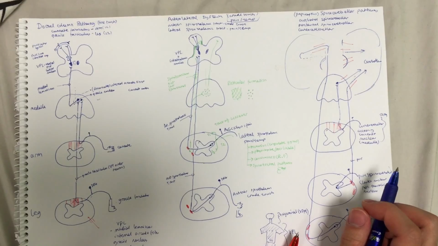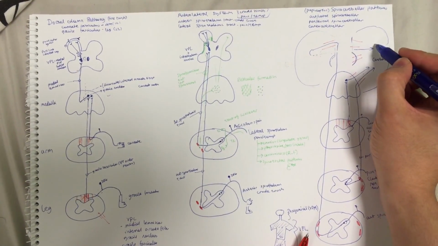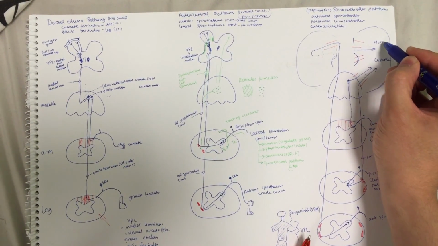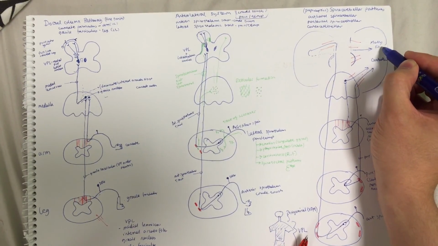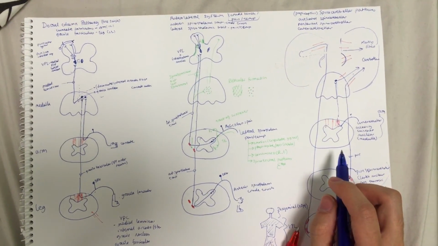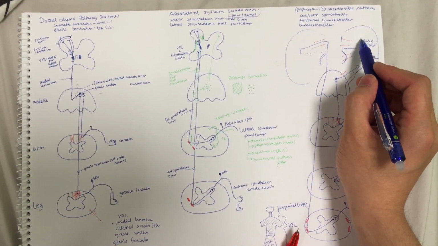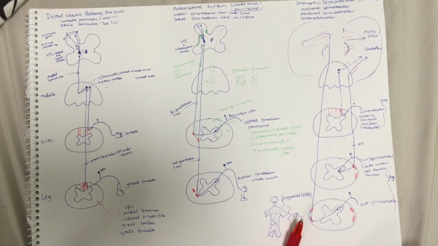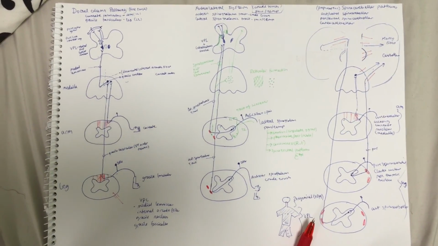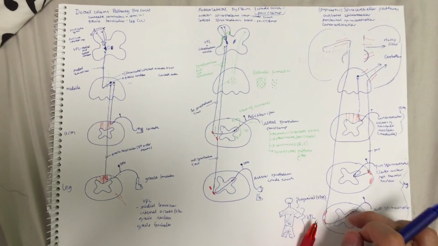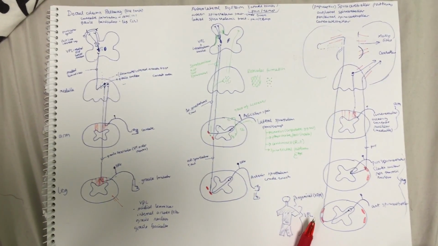It does so by fibers called mossy fibers. Then we need to know that bit. This is additional, but mossy fibers is how it crosses over to the other side, back to the same side it came from, within the cerebellum.